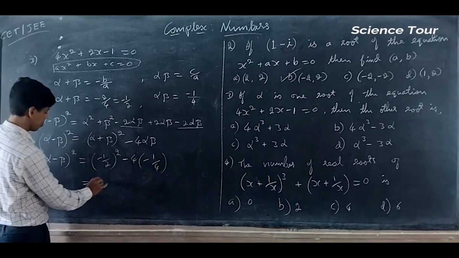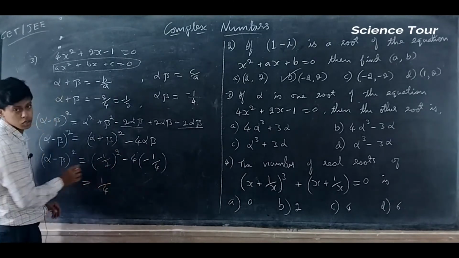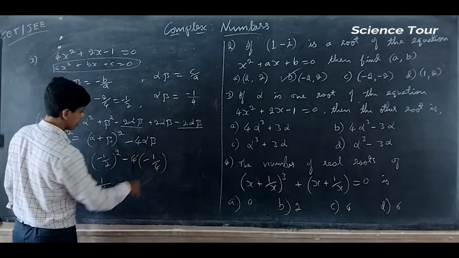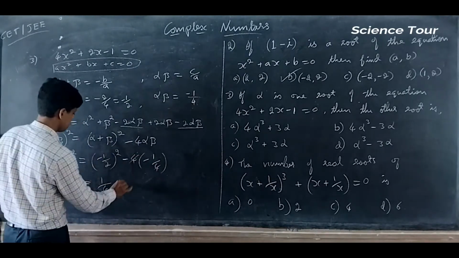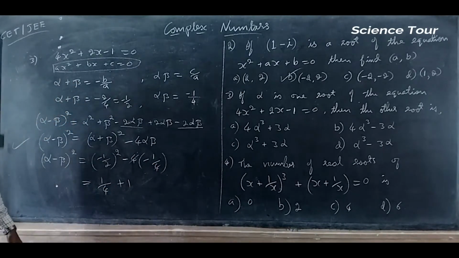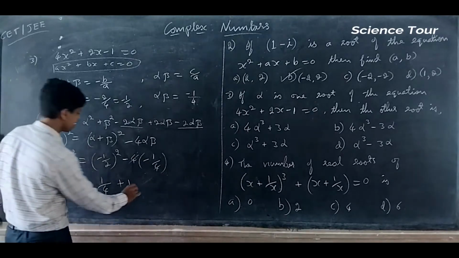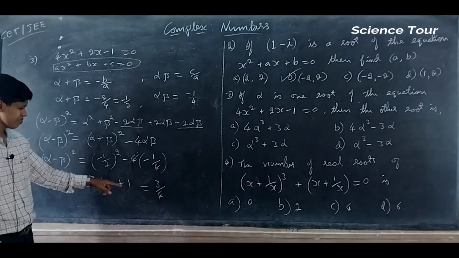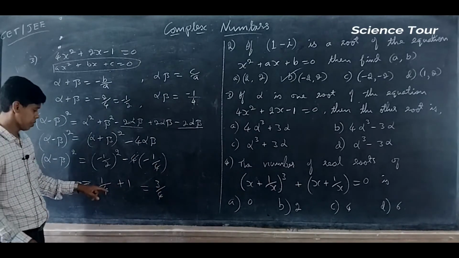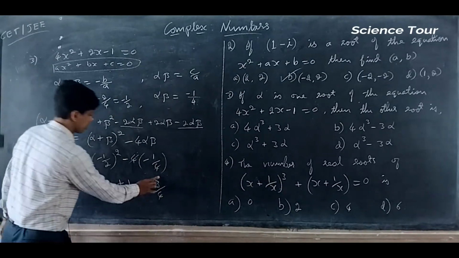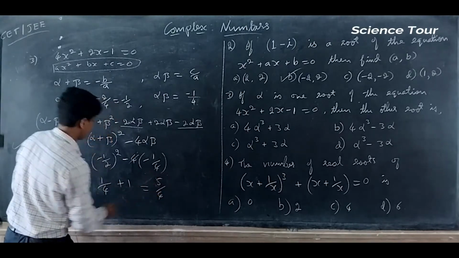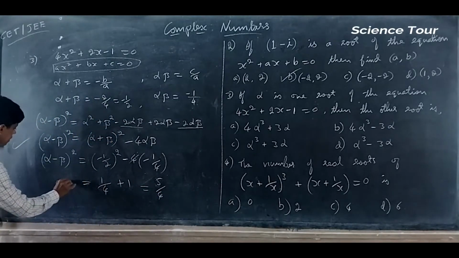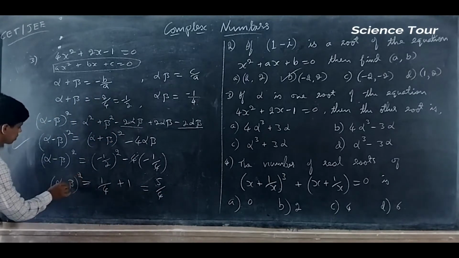Minus and square will be plus, and 4 because 2 square, and here 4 cancel, minus into minus is plus 1. So what is it? 1 plus 1 by 4, 3 by 4 if you take, no, I'm sorry, 5 by 4. So 4 plus 1, correct. So that is 5 by 4, and it is alpha minus beta the whole square.